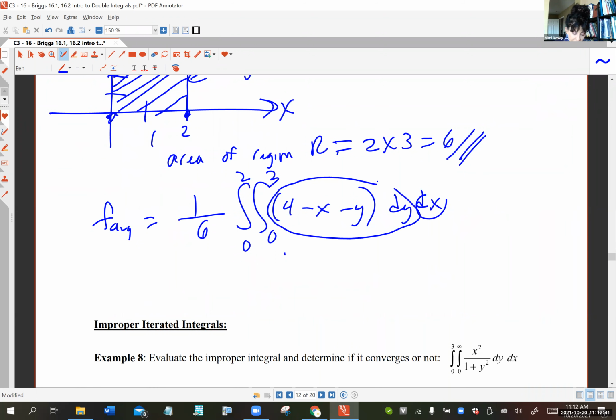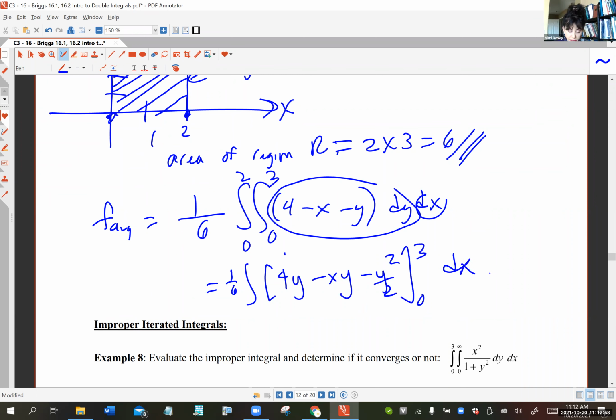If I integrate 4 minus x minus y with respect to y, be careful. I'm going to keep the 1/6 here. I'm going to get 4y minus xy minus y squared over 2. And I have to evaluate that between the limits 0 and 3. Always substitute your upper limit first.